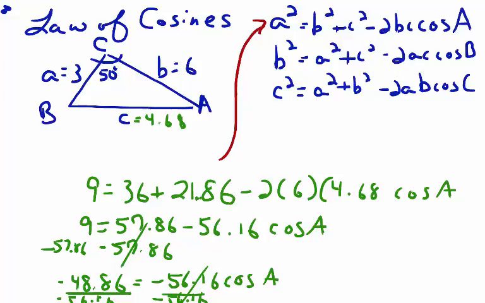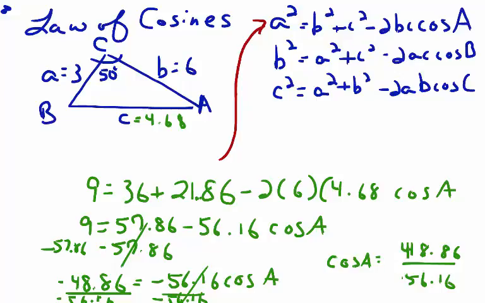Let's go ahead and rewrite this. So cosine of A equals negative 48.86 divided by negative 56.16. Our negative signs cancel out because a negative divided by a negative equals positive.